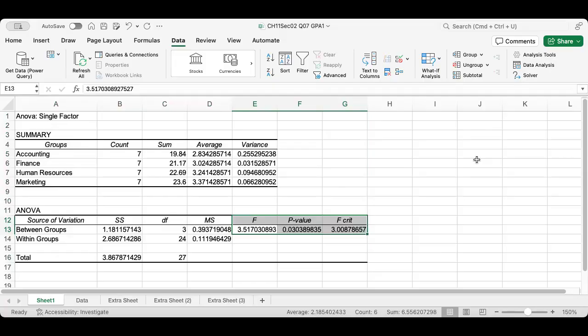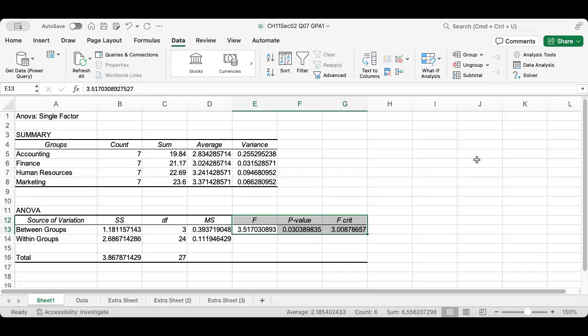Those three numbers. Now, I find it interesting here. I've got one p-value. I'm only comparing that to the 0.05, and it's 0.03, smaller. I'm outside the reasonable behavior that this happened randomly. But I also have only one critical F value.